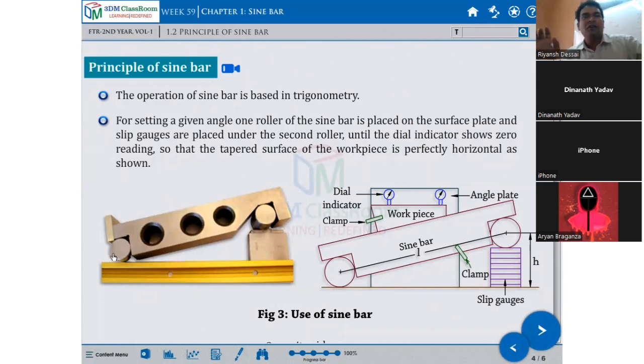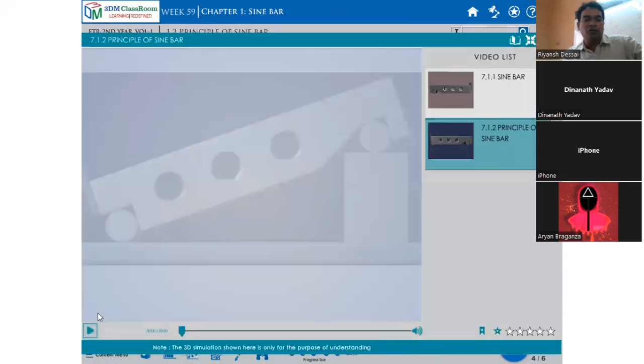It's standard. That forms the hypotenuse of your right angle triangle, and this forms the opposite side of the right angle triangle. By using the sine ratio, opposite upon hypotenuse, you will get this angle. Is this clear? Operational sine bar. There is a video. You can watch this video also.